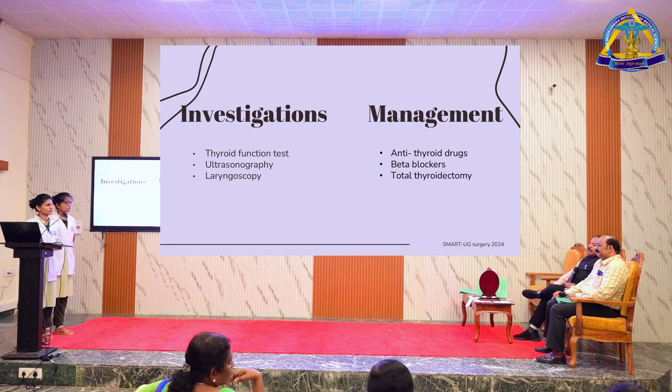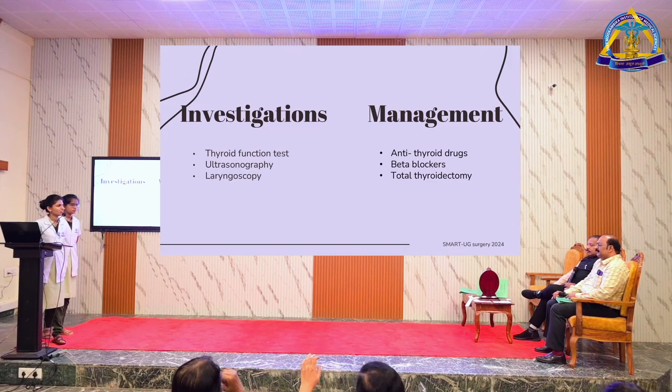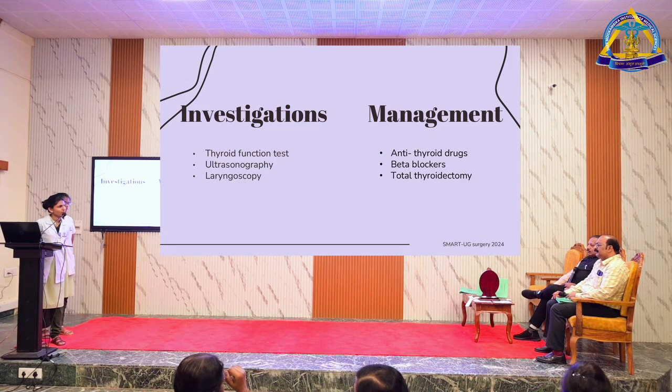What are the complications of thyroidectomy? Hemorrhage, nerve injury, hypothyroidism, hypoparathyroidism, wound infection. What is the immediate sign of hypoparathyroidism?